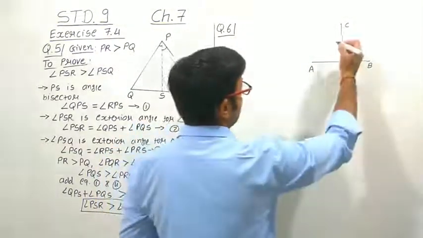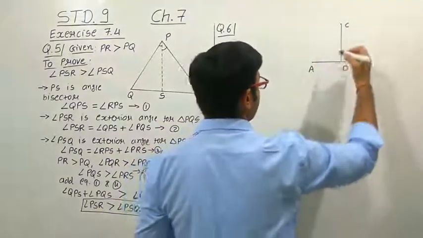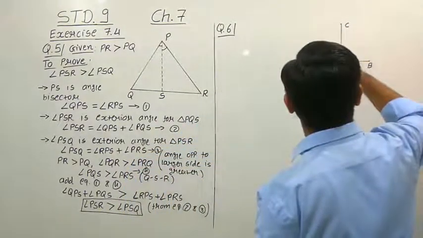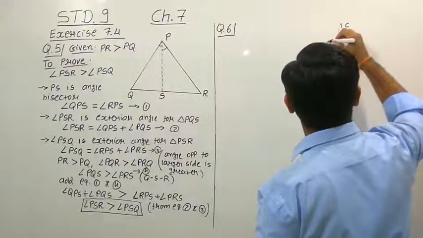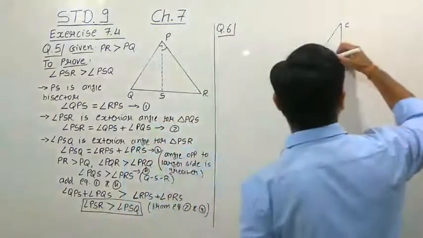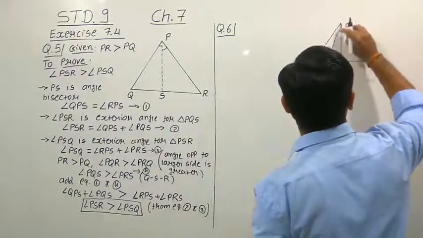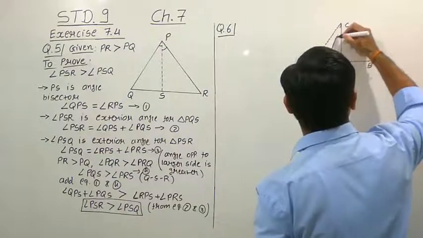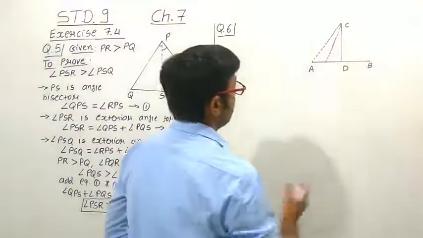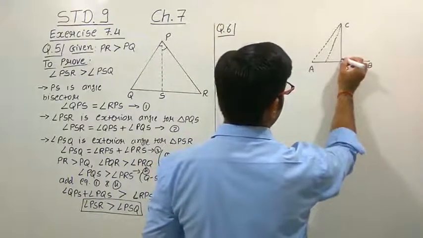That means we can draw one line segment from this point C to this point A like this. One more we can draw from this point to C. One more we can draw from C to D. Suppose this is the perpendicular.